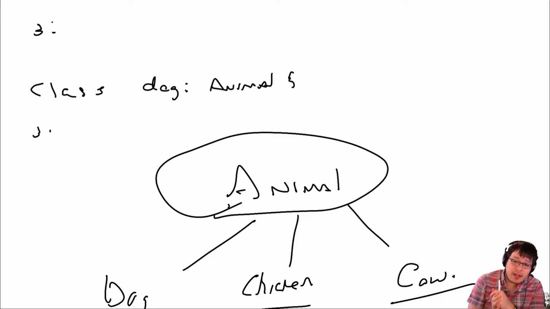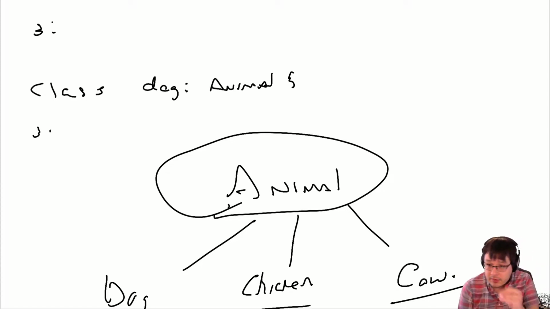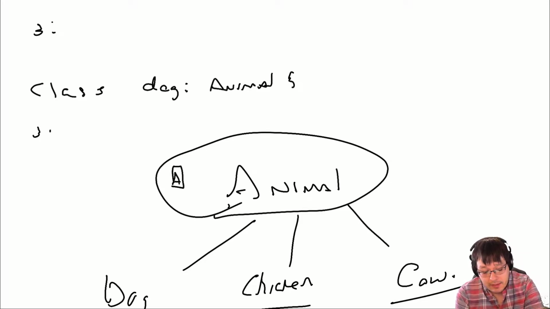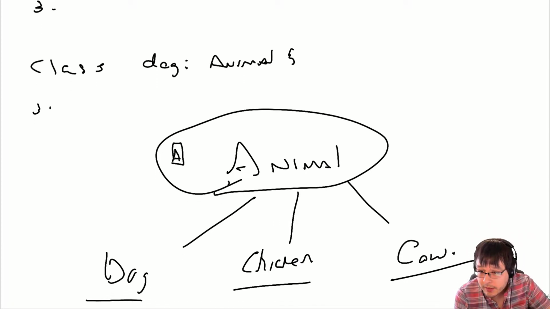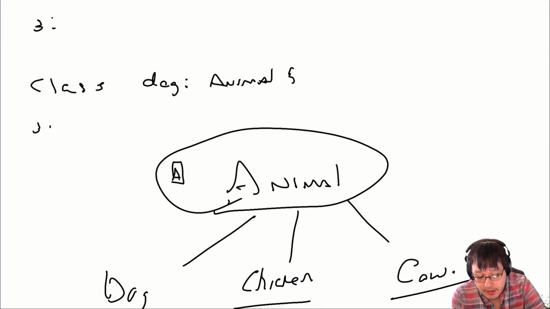An abstract class does not allow you to create an object out of it. I haven't told you how to make an abstract class yet, but let's just say that this little a symbol means that there is an abstract class. If I make animal an abstract class, I can inherit all I want from it, but I can never make an object of this class. And by that I mean I can never actually instantiate an object.